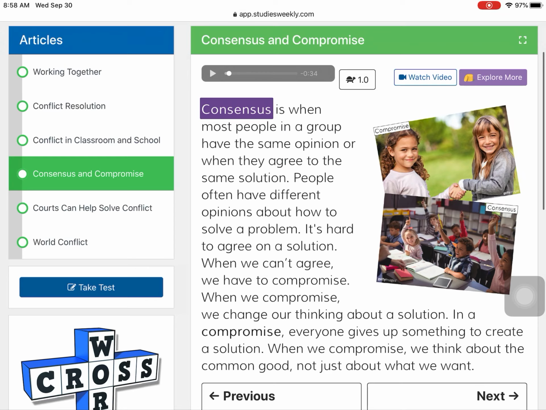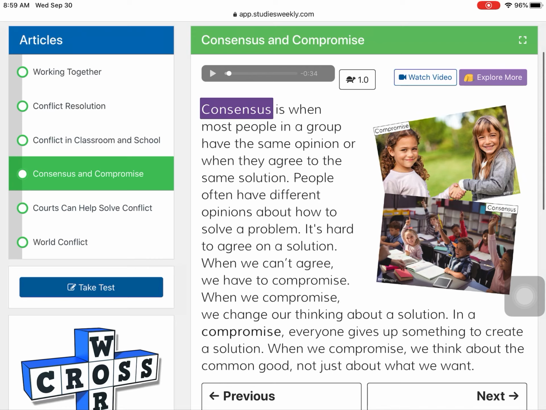So let me give you an example of this. If you are sitting in the classroom and your teacher says, okay, we get to watch a movie today. We are going to either watch Finding Nemo or we are going to watch Toy Story. So first, raise your hand if you want to watch Finding Nemo. And then raise your hand if you want to watch Toy Story. Whichever movie had the most hands, your class has come to a consensus. Maybe the majority of the class wants to watch Finding Nemo.